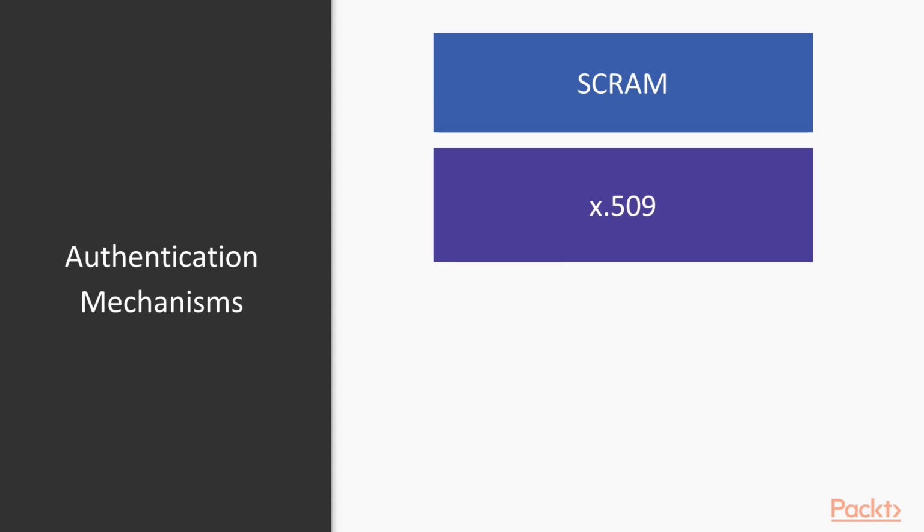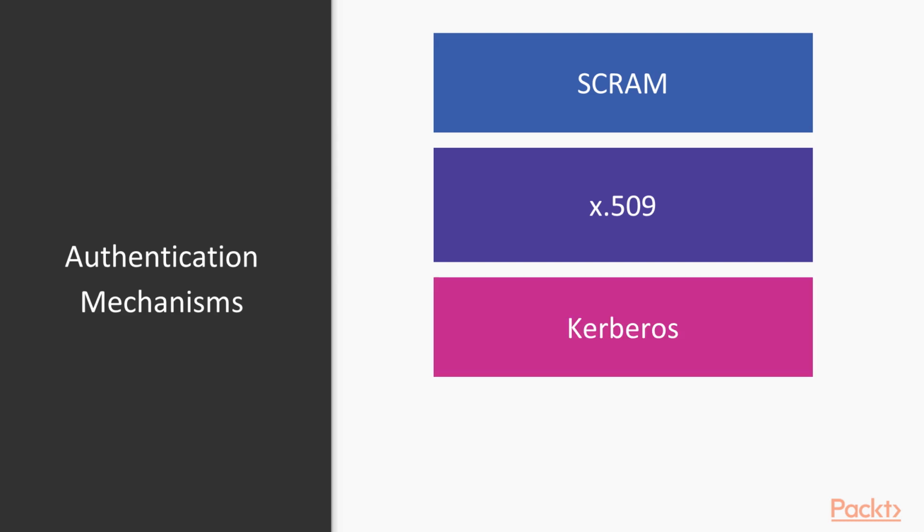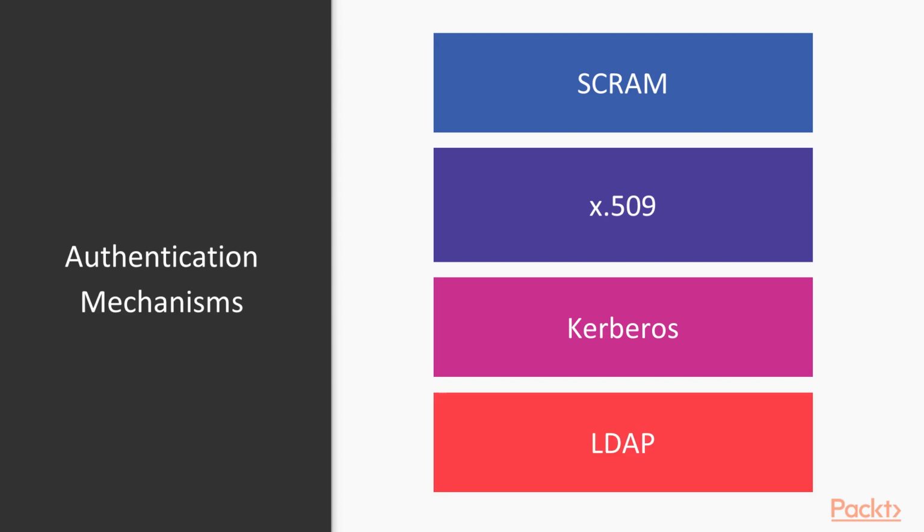We then have the X.509 certificate available in the Community Edition again. Kerberos is only available in the Enterprise or the Paid Edition. And finally, we have the LDAP, which is the Lightweight Directory Access Protocol, again, only available in the Enterprise or the Paid Edition. Let's take a look at all of these mechanisms.